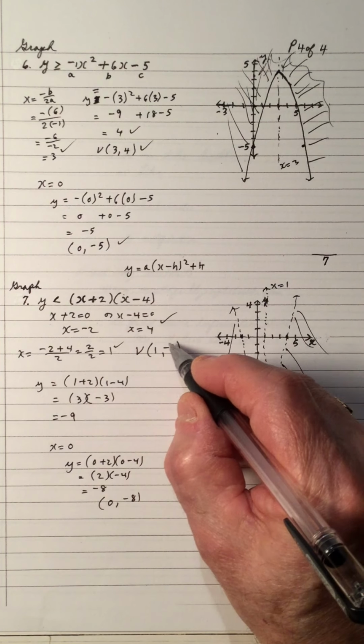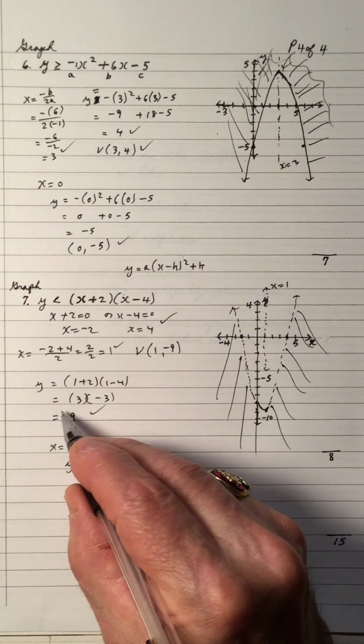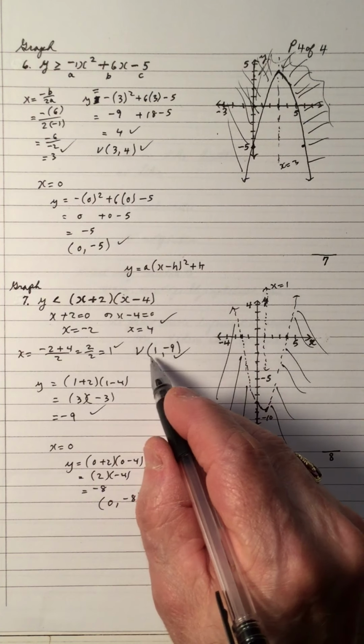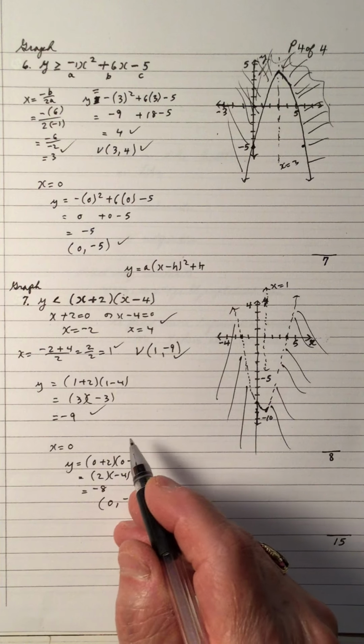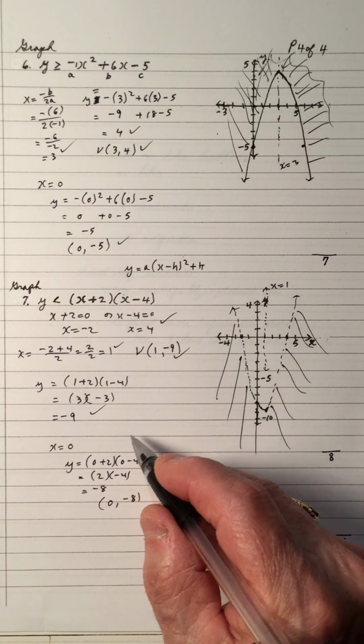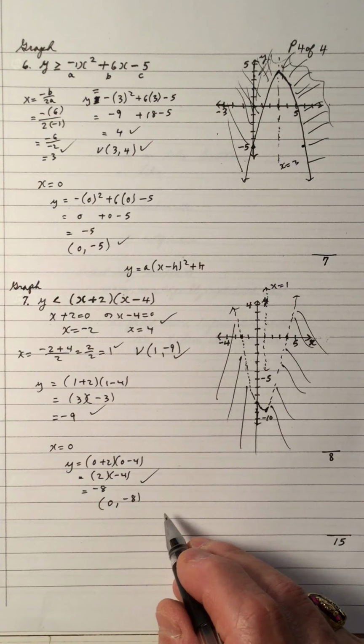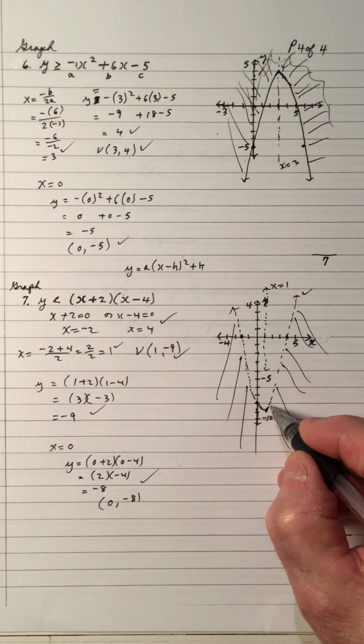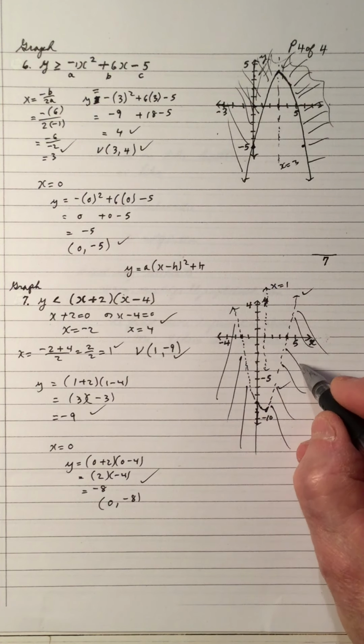If you got the y coordinate of the vertex, you get a mark. If you state the vertex is 1, negative 9, you get a mark. If you did the y-intercept, you got a mark. And graphing a broken line, a mark. Plotting all the points correctly, you got a mark. Shading correctly, you got a mark.